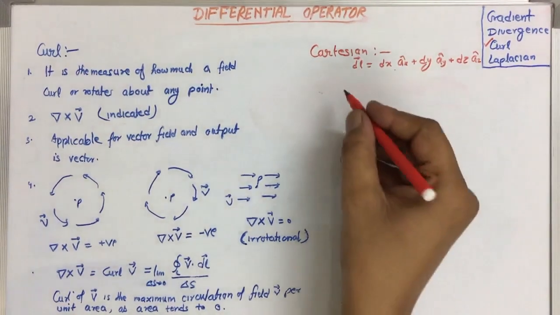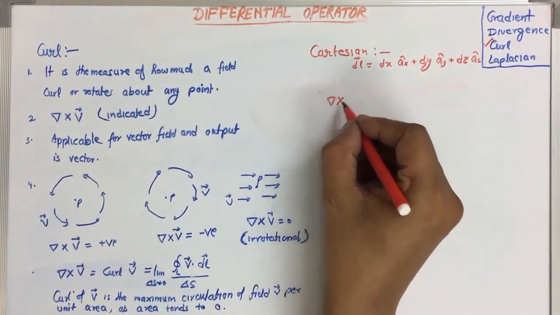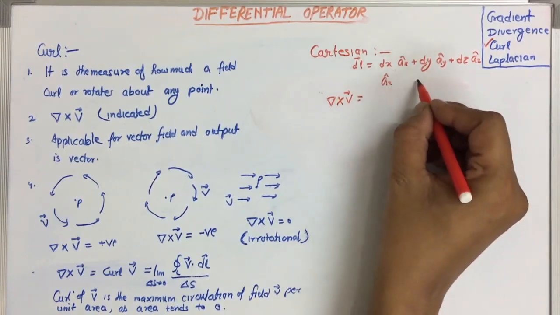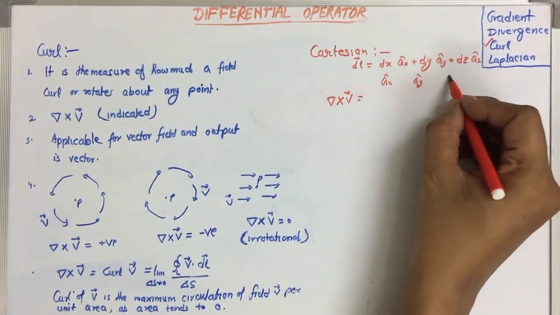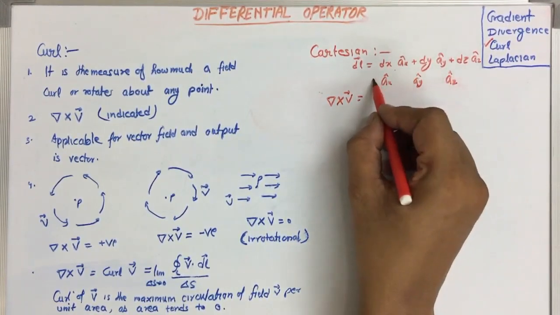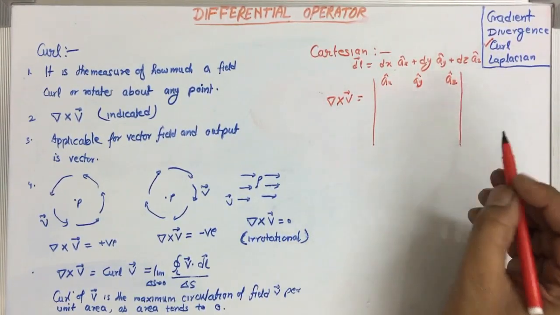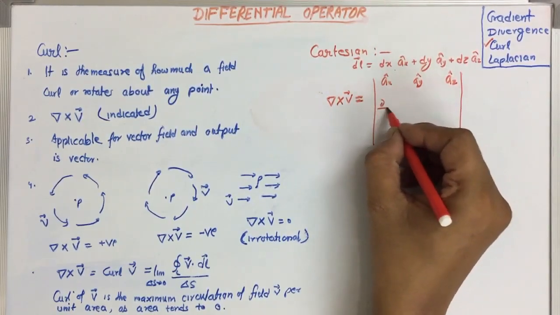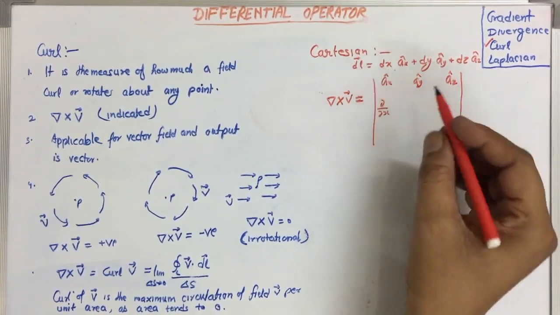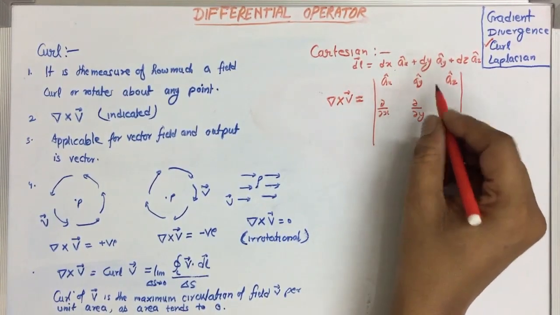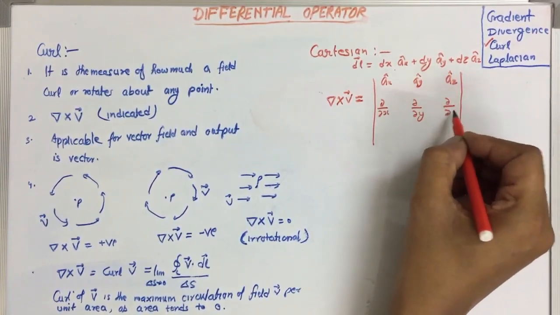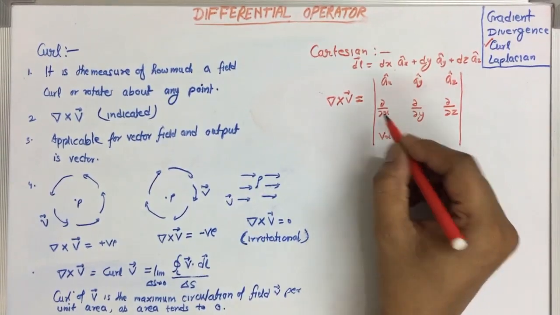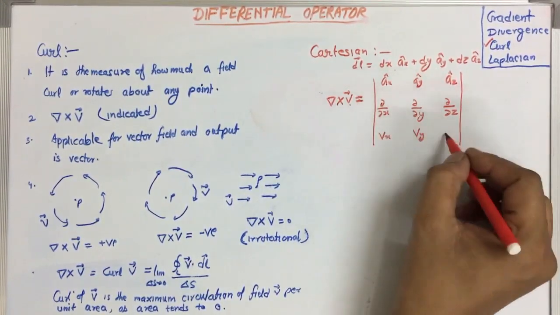Now the curl of vector V can be written as the determinant with unit vectors ax, ay, az in the first row, del over del x, del over del y, del over del z in the second row, and Vx, Vy, Vz in the third row. This is a cross product, so we have to find the determinant like that.